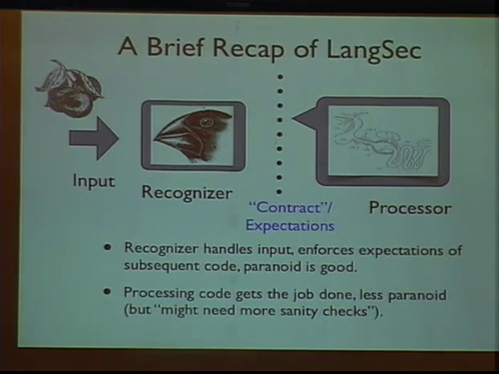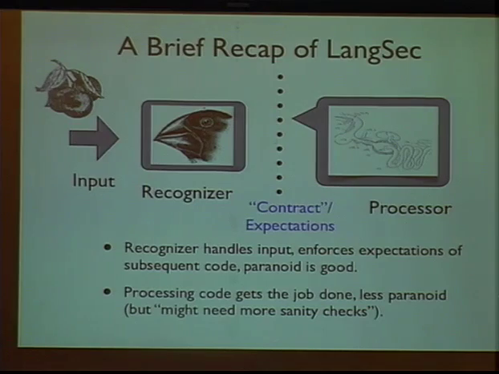So, just to recap everything that Sergey and I have been talking about for roughly the last 2 years now, we strongly advocate full recognition of input before processing. This sounds simple. It's easy to fall off the wagon, but basically speaking, you have a recognizer which handles your input as a language. It treats the input as a language. If that input language is context-free, such as JSON or YAML, then it is parsed with the proper context-free grammar for that language.